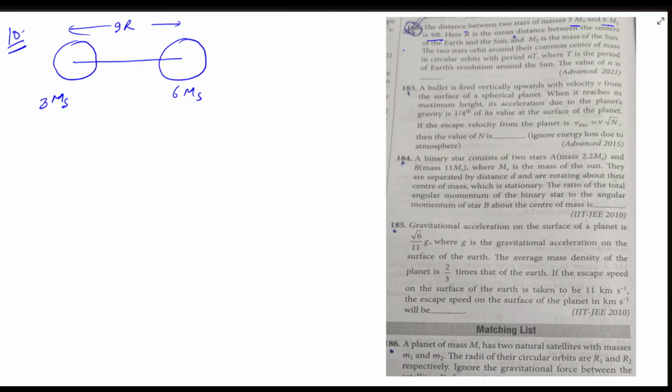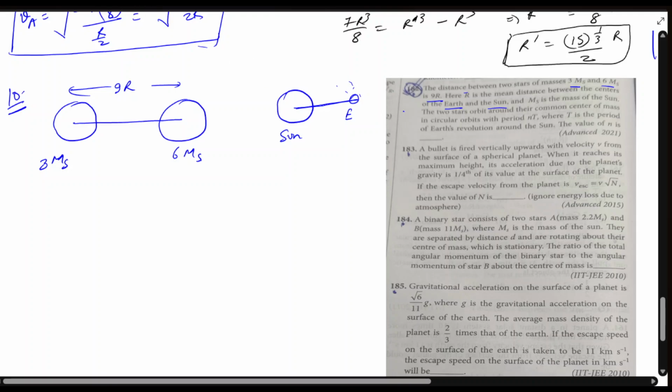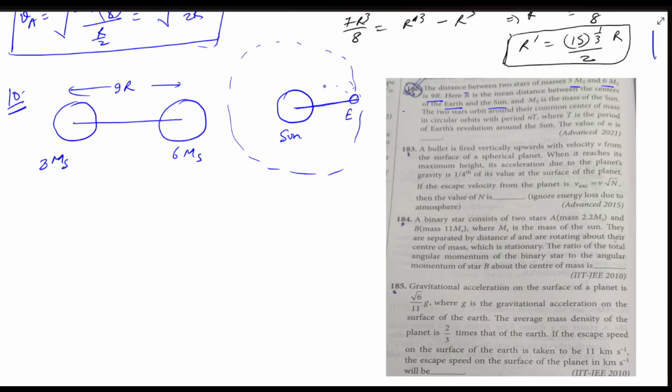R is the mean distance between the centers of the earth and the sun. So look, if this is our sun and this is our earth, and this is the mean distance, because if we are talking about a mean distance, then we can consider it as a circle. So this is R.